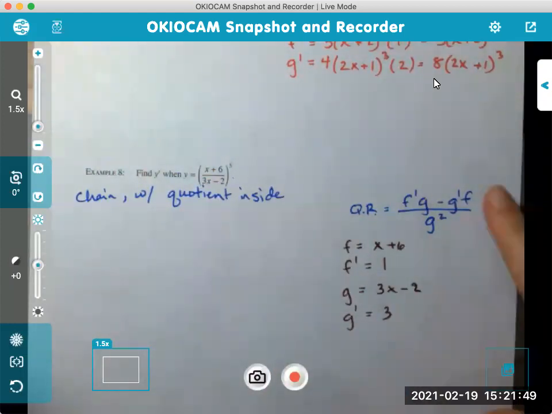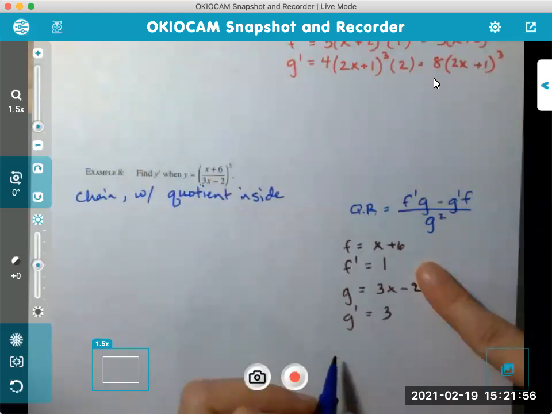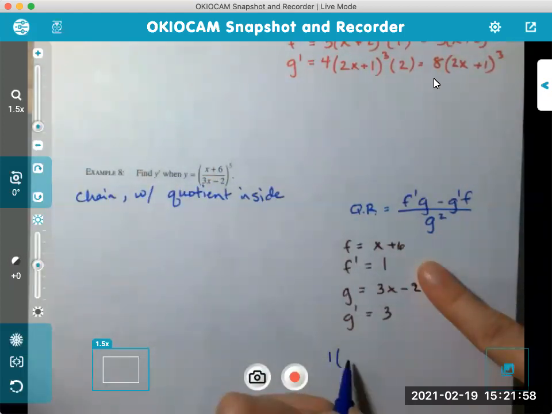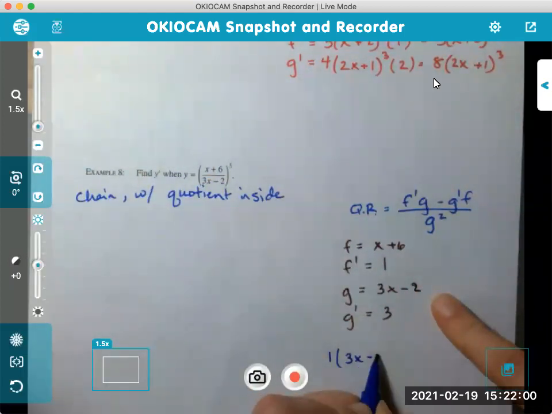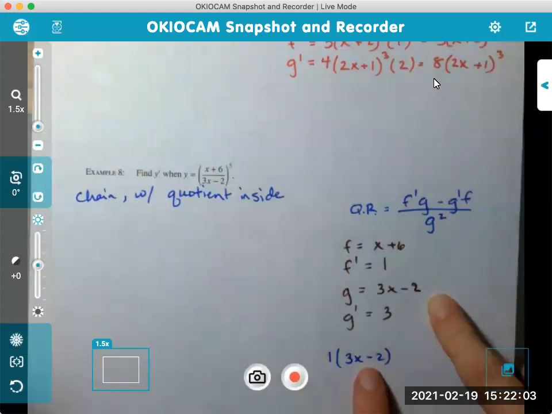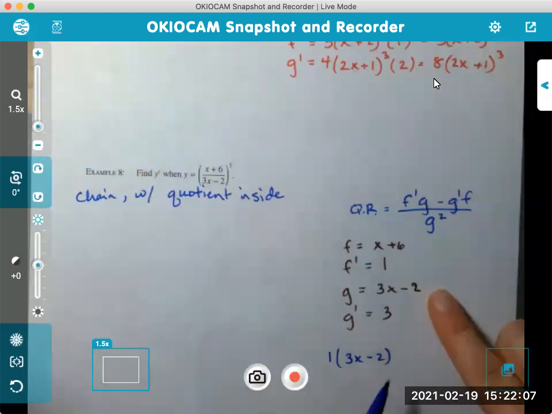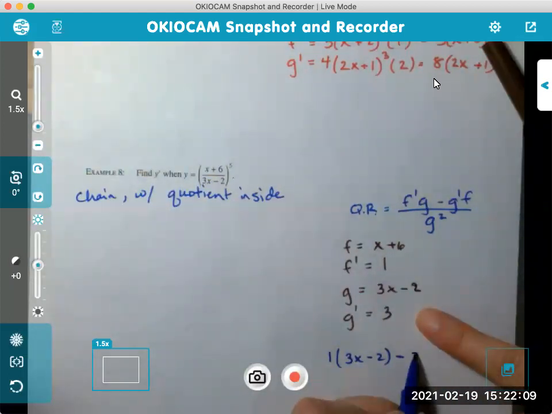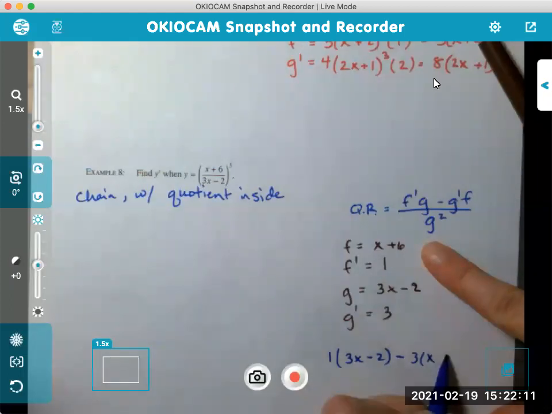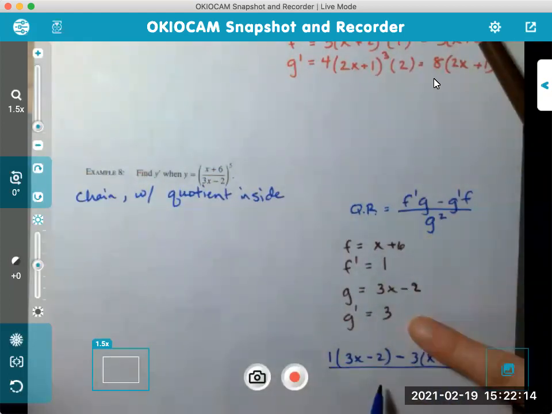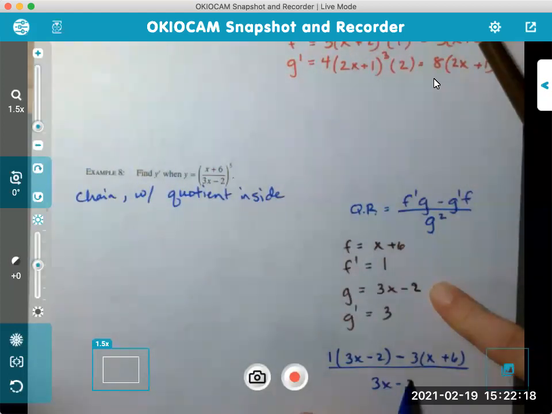So now fitting this into my quotient rule, I've got 1 times (3x minus 2). And again, I'm just following the pattern: f prime g minus g prime f all over g squared, (3x minus 2) squared.